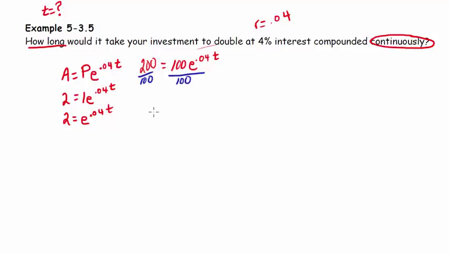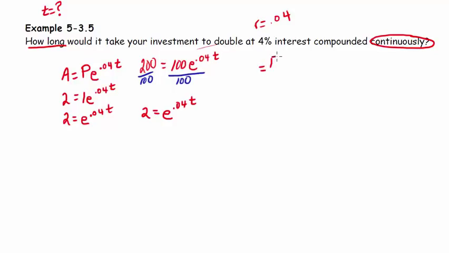And the hundreds cancel out, 200 divided by 100, I am left with 2 equals e to the 0.04 t. So do you see I end up with the same equation whether I started with $1 or I started with $100?